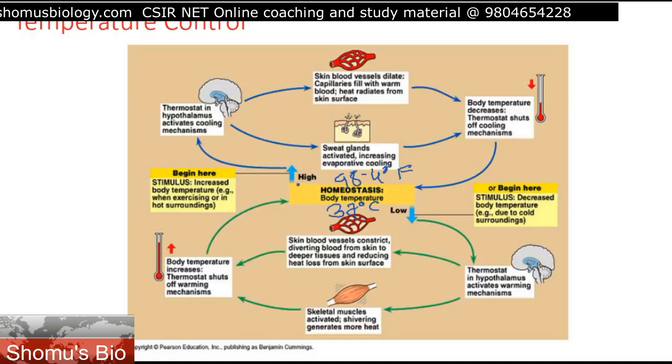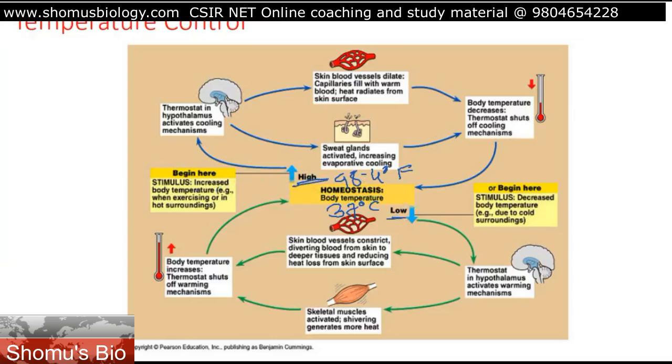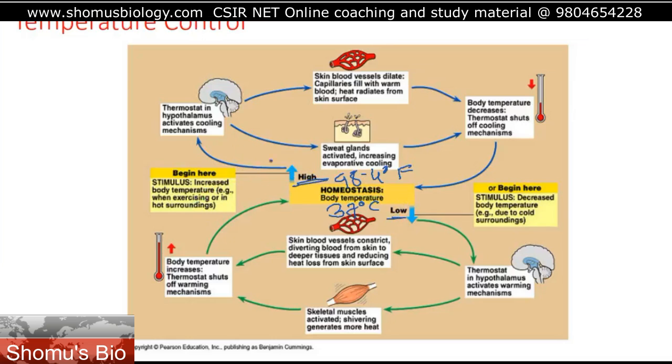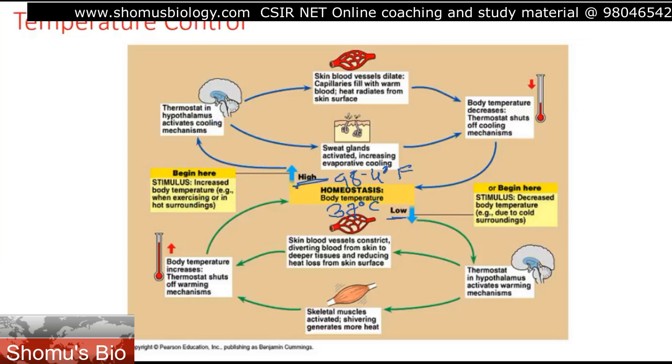Now it can go high, it can go low. If the body temperature goes higher than the desired one, we need to decrease the body temperature. Our body's hypothalamus, which is also known as the thermostat, can detect the body's overheating or high temperature.